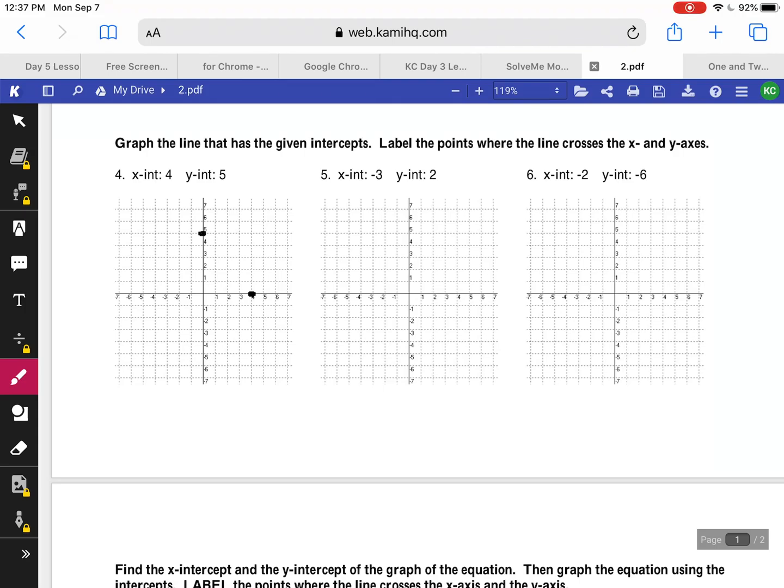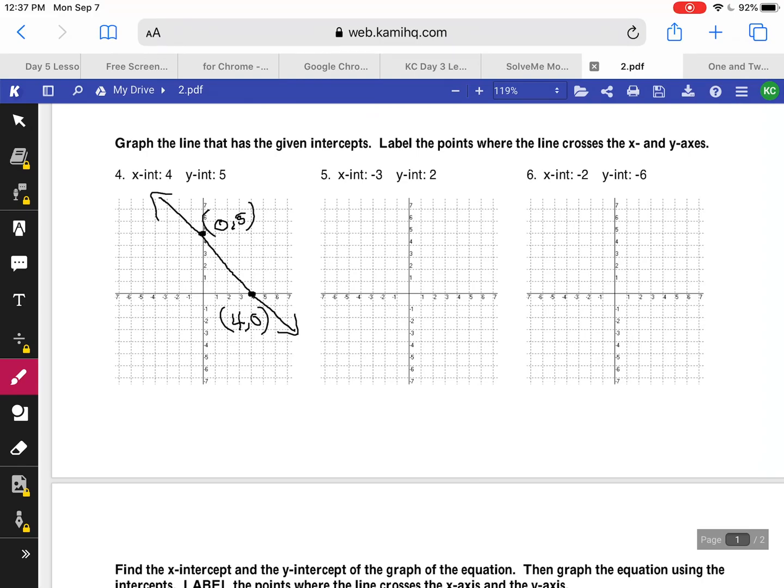I'm able to use my intercept points to create my line. And then, of course, if I wanted to add on to that, I can go ahead and say that I have (0, 5), and you can see (4, 0). Do the same for 5 and 6. Press pause.